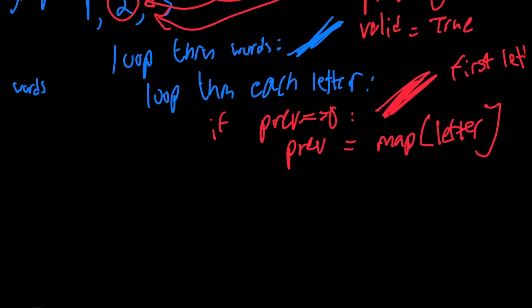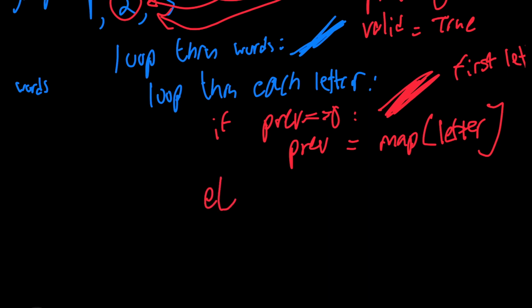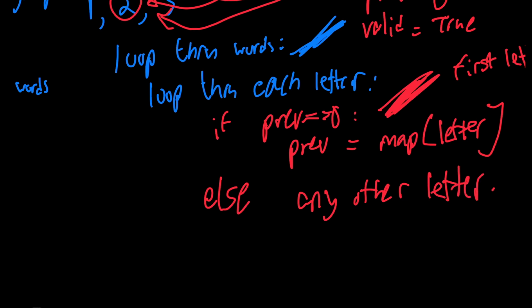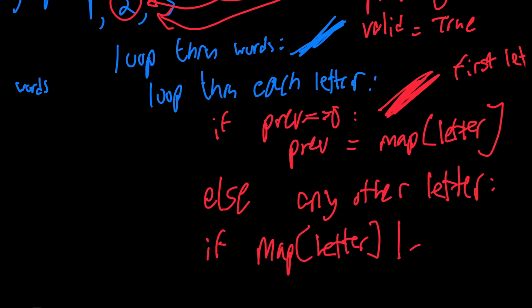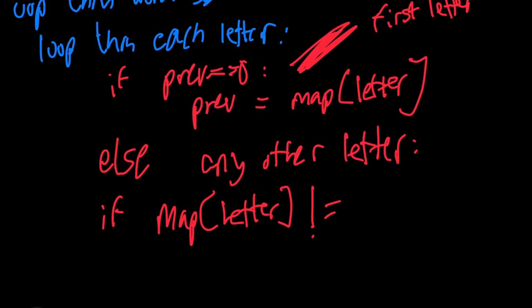Okay. Else, it means it's any other letter in the word, right? And we basically just do a quick check. If the map of the current letter does not equal previous, that means that the groups are not the same.